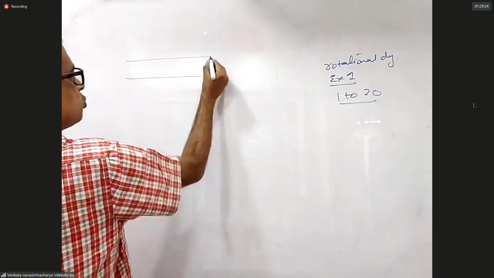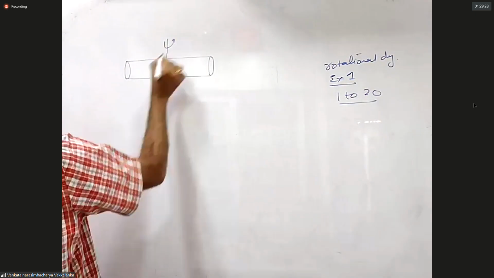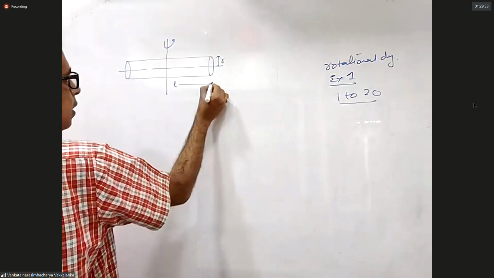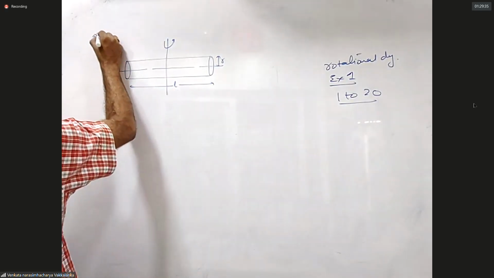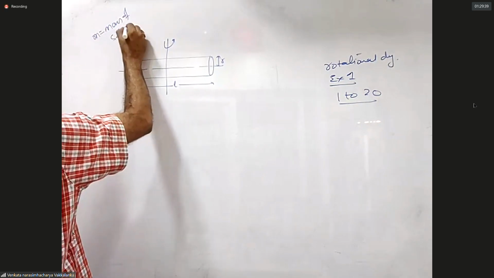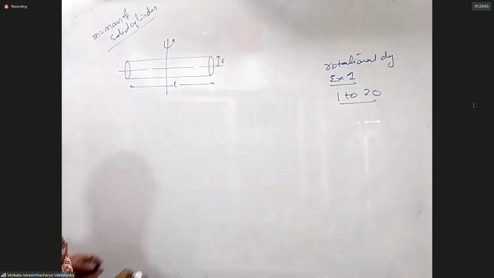Think carefully and solve this problem. This is a solid cylinder of radius R and length L. M is the mass of the solid cylinder, L is the length, R is the radius.